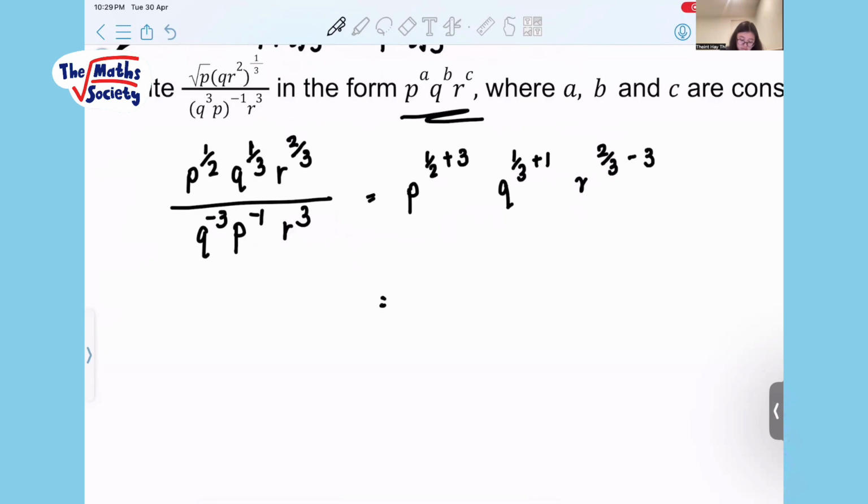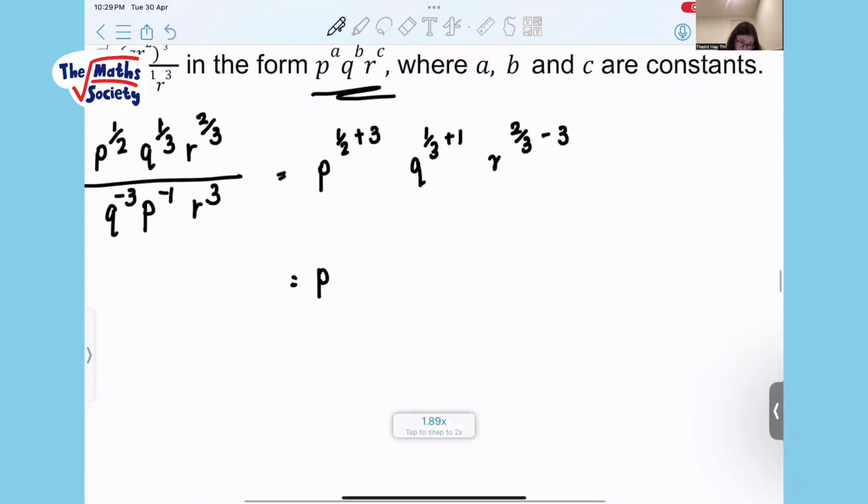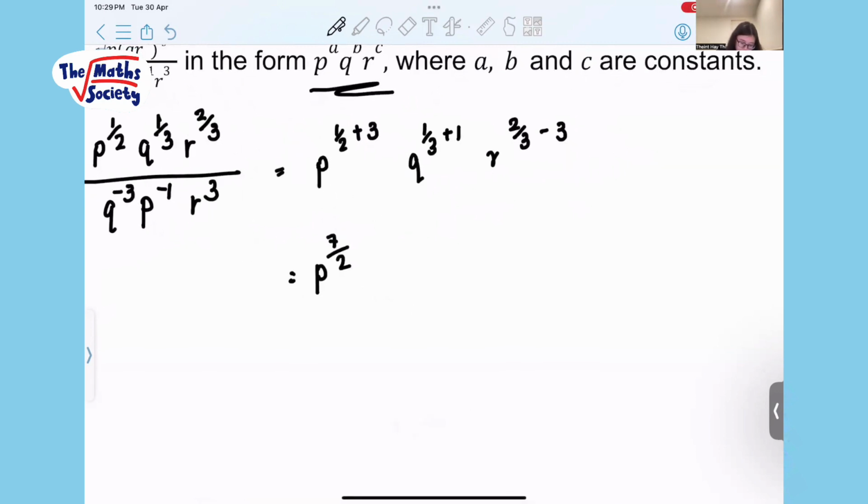So let's find out. 1 by 2 plus 3, you have p to the power 7 by 2, q to the power 4 by 3, r to the power minus 7 by 3. Yep.